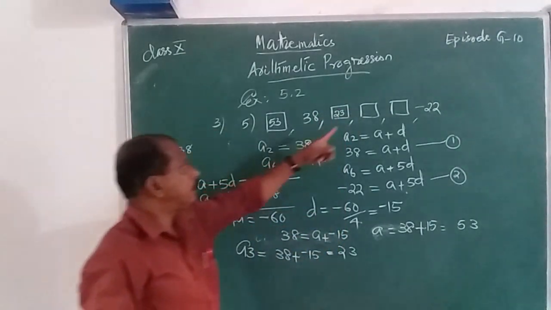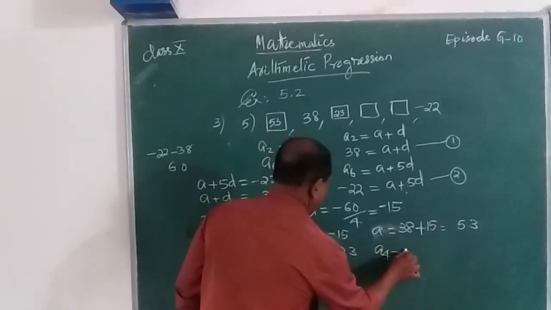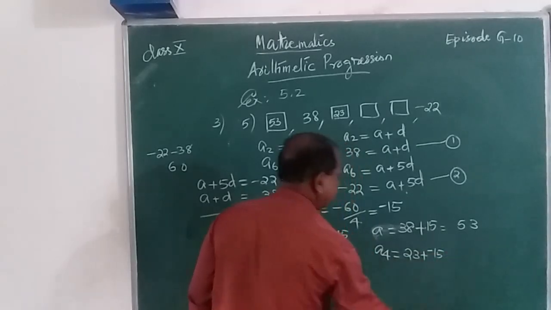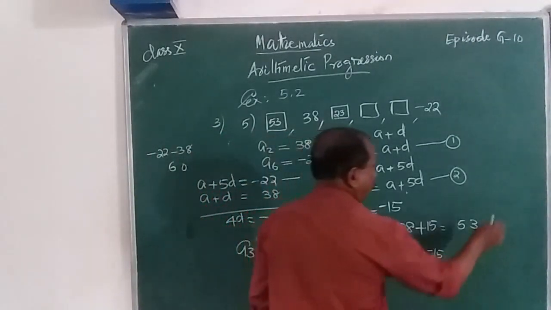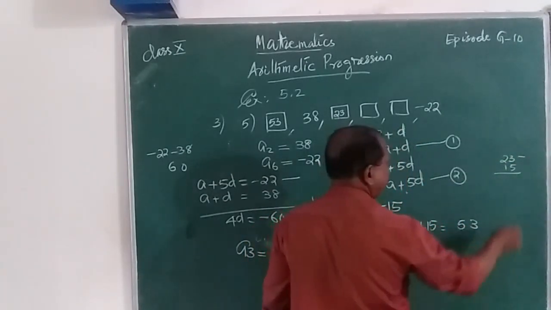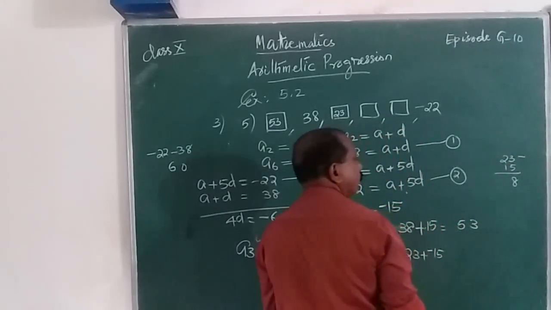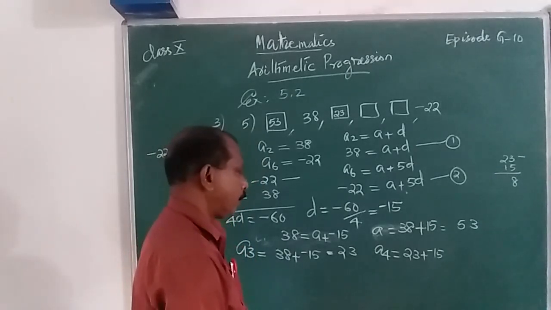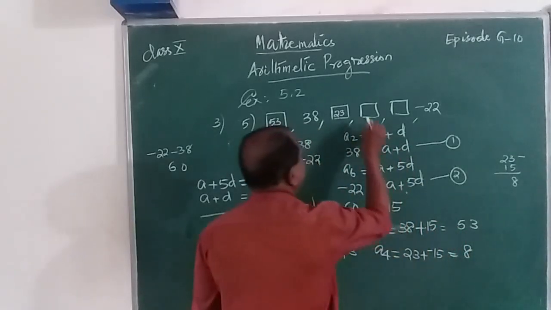Then A4, that is the fourth term, is equal to 23 plus D, that is minus 15. 23 minus 15 is 8. Therefore, this term is 8.